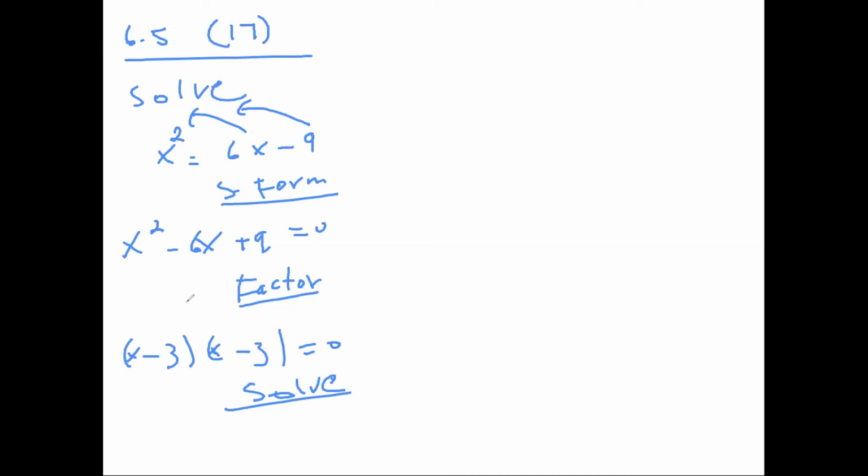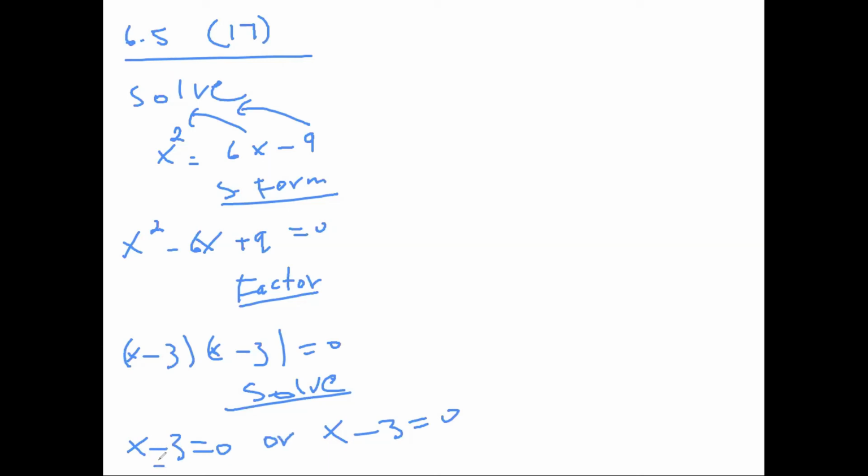So x minus 3 equals 0. And you take the other one also, which happens to be the same. If it's different, then you have to do two equations and you solve each one. So after you factor, you say this equals 0, or the other one equals 0, and you solve this one.